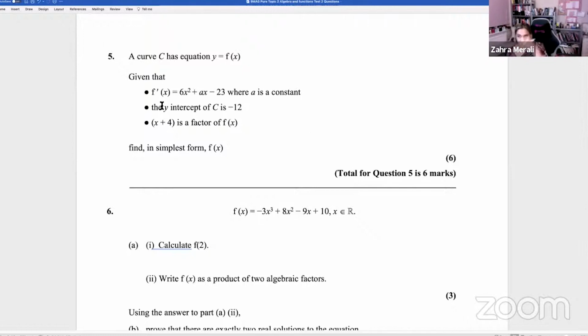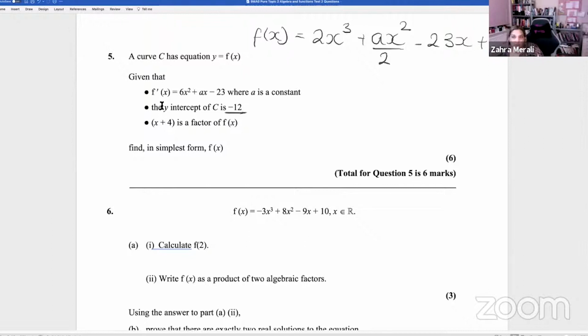Integrate, remember, add 1 to the power, divide by the new power. So f(x) is going to be 6x cubed over 3, which is 2x cubed. Plus ax squared divided by the new power, so 2, minus 23x plus c. Don't forget your plus c. But we're told the y-intercept is minus 12.